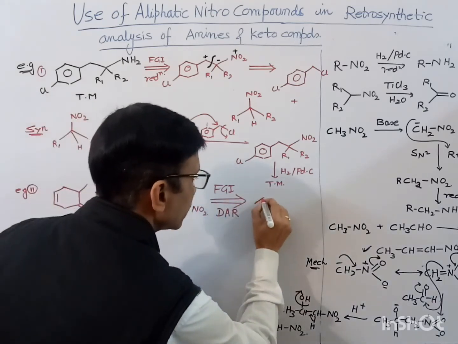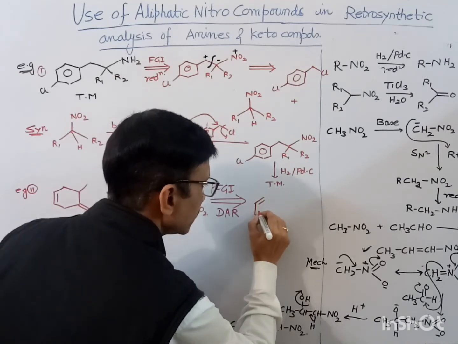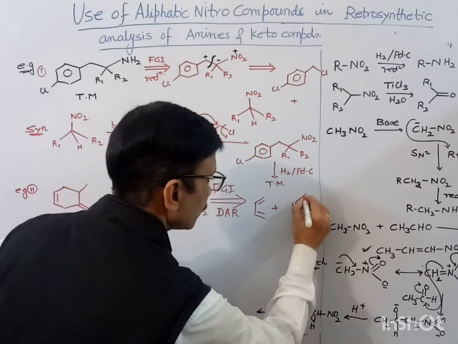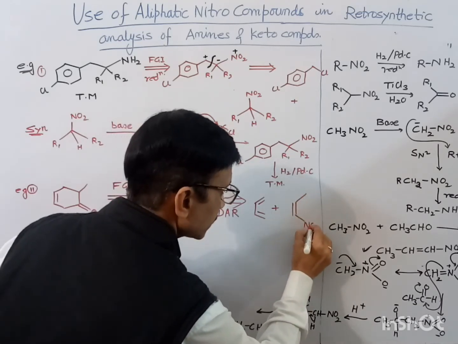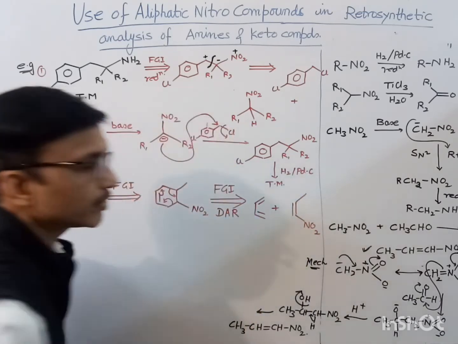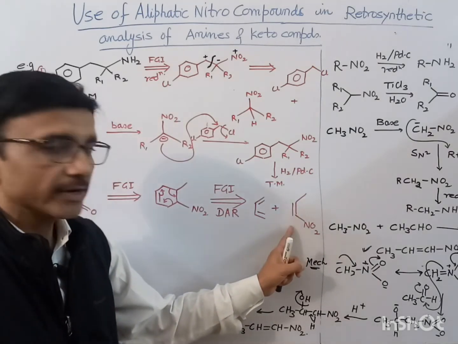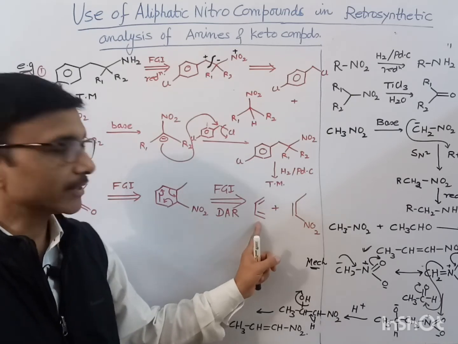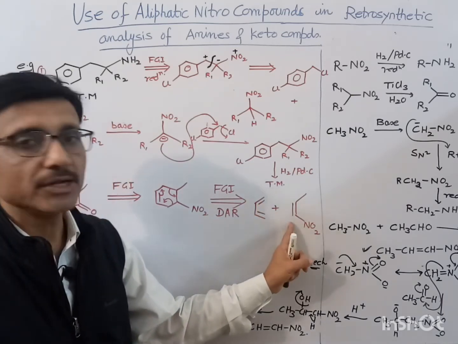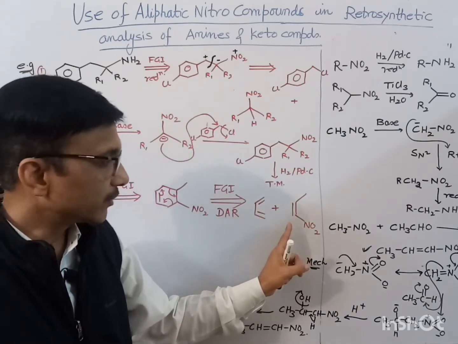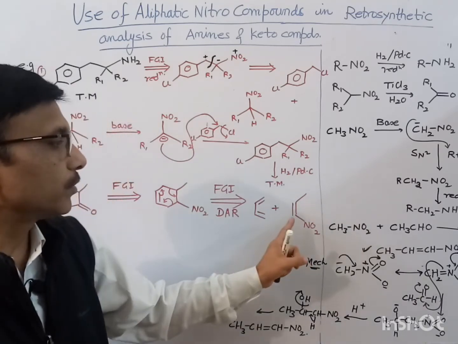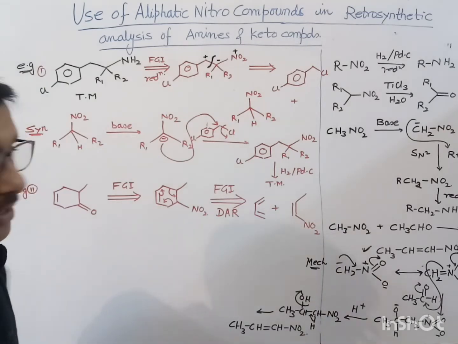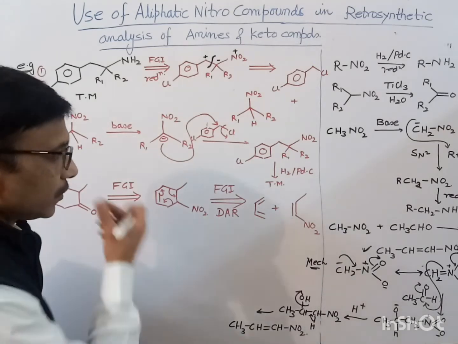So what you will get is the diene plus this dienophile. This is your dienophile. As you can see here, we have an electron withdrawing group. In a Diels-Alder reaction, the diene should be electron rich, whereas the dienophile should be electron deficient. So this NO2 group here will make this dienophile electron deficient.